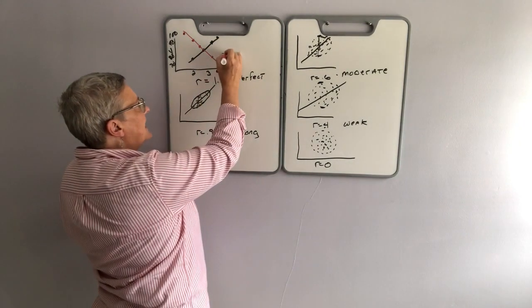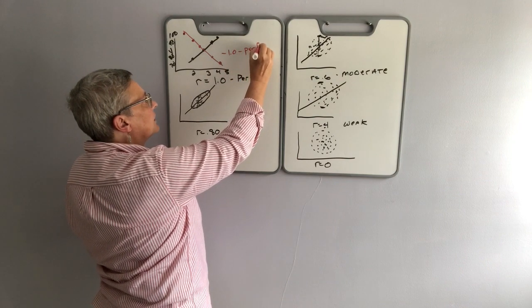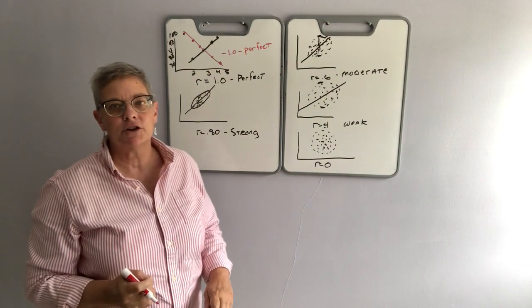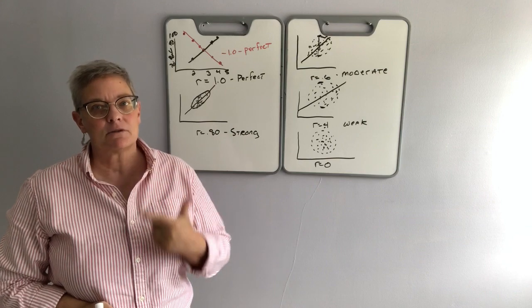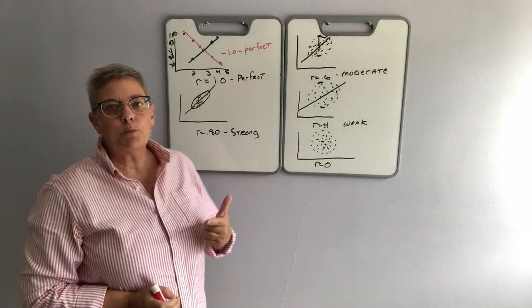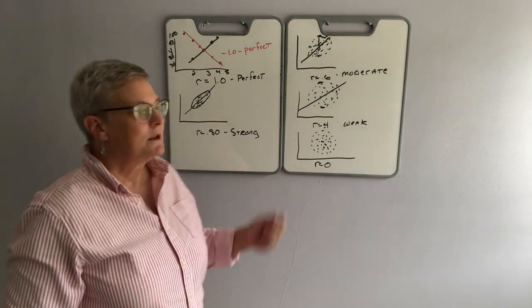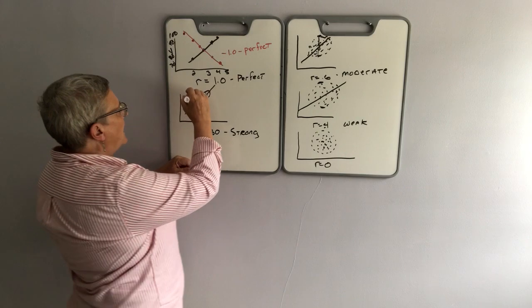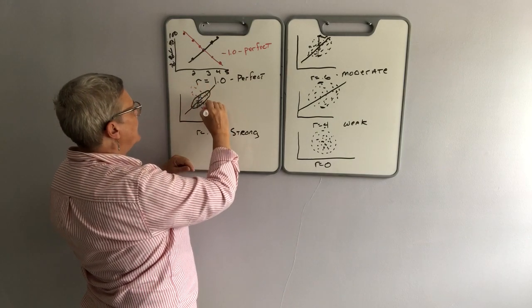So this is negative 1.0, and that is also a perfect correlation. Whenever you report the correlation, report its strength and report its direction. If you just report strength or just report direction, they'll count it wrong. Give it both.